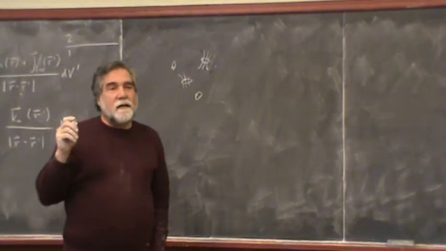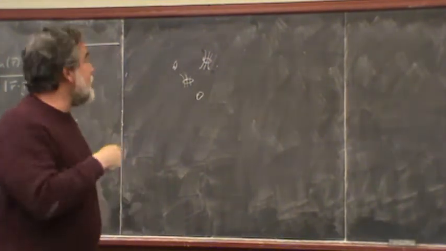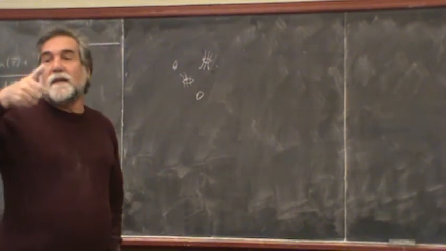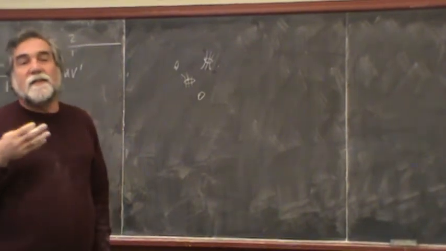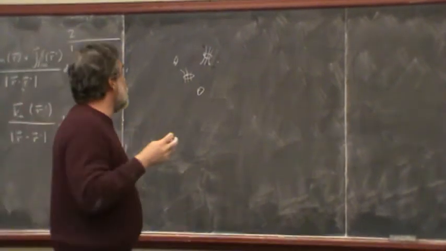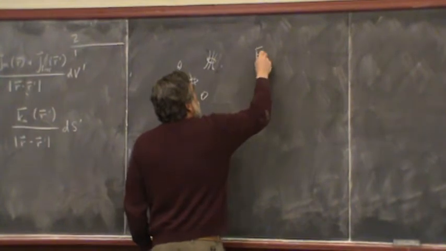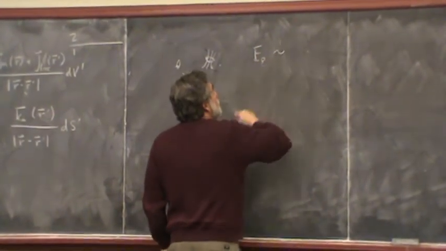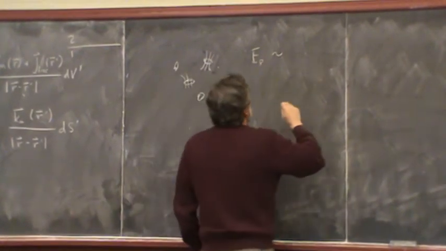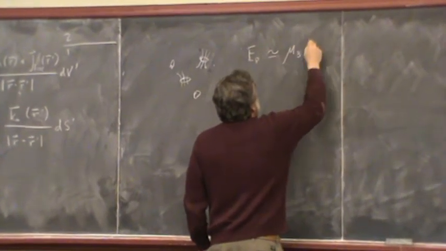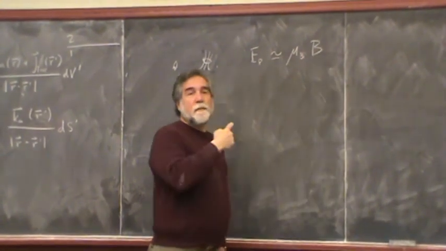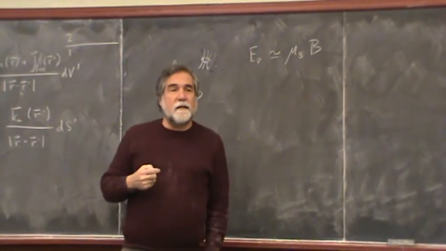So, I apply my magnetic field, and the dipoles can align in the magnetic field. And the energy that would be associated with that alignment is going to be of order mu_B times B, where that's the Bohr magneton, right?